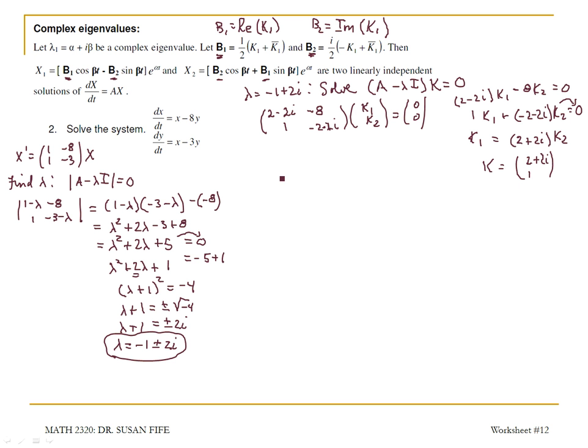And so notice that K can be written as the vector 2, 1 plus the vector 2, 0 times i. So we've got our real part and we have our imaginary part.